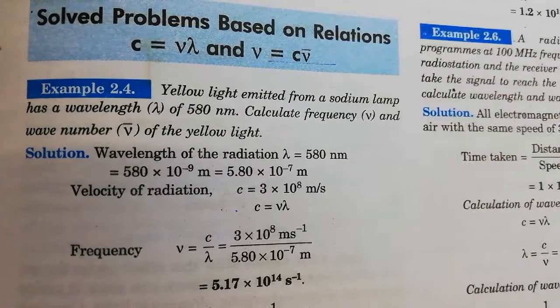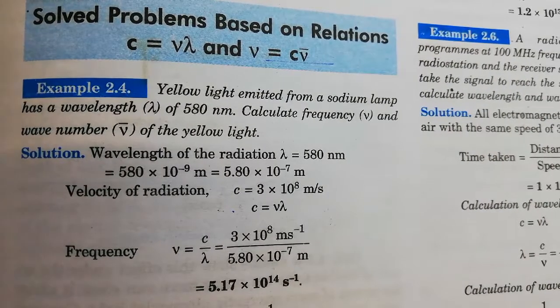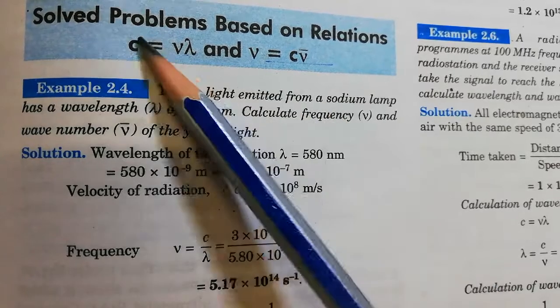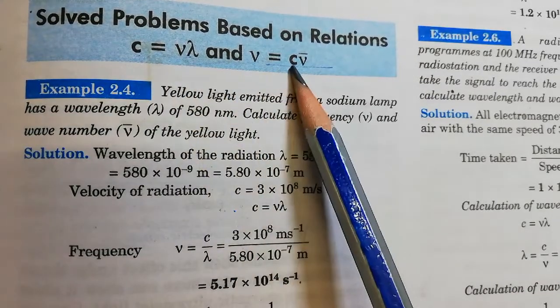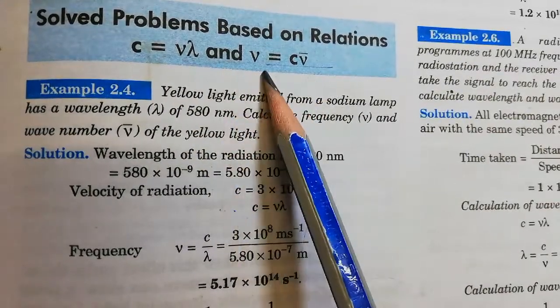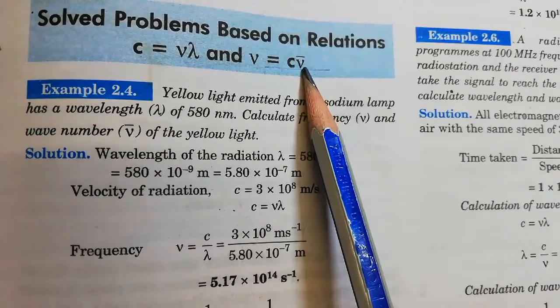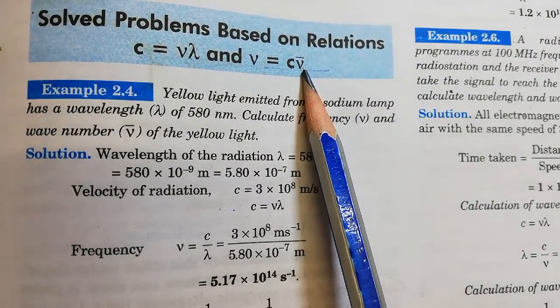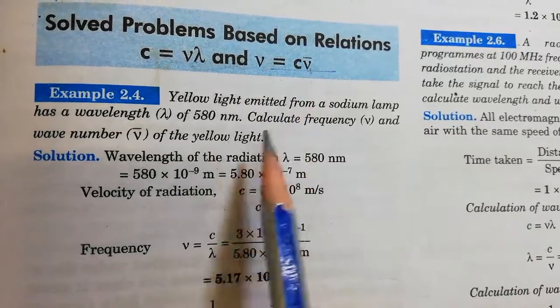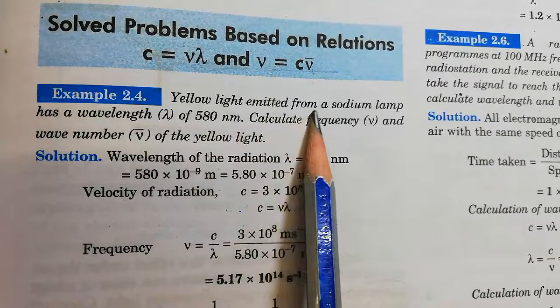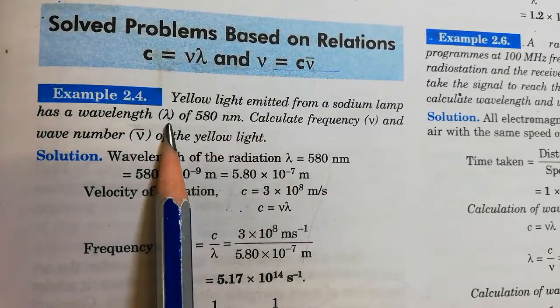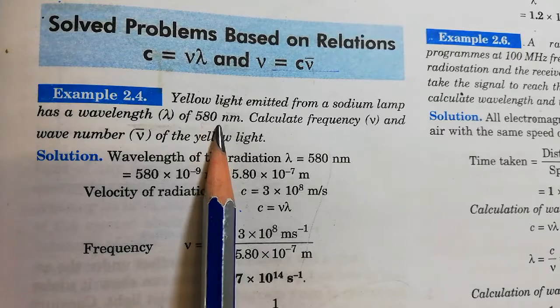Now we shall discuss some problems based on the relation c equals nu lambda, or nu equals c nu bar, where nu bar means 1 by lambda, the wave number I mentioned right now. Say one problem: yellow light emitted from a sodium lamp has a wavelength of 580 nanometer.